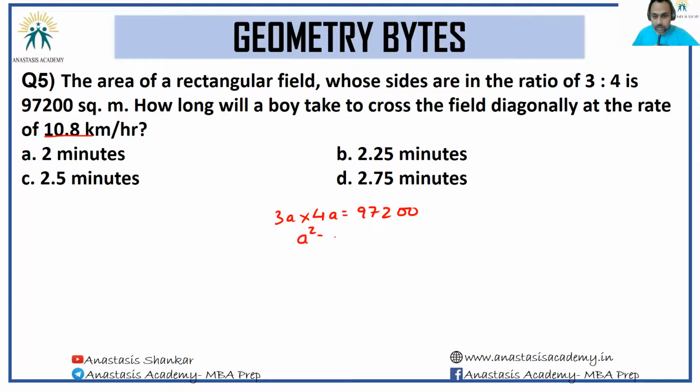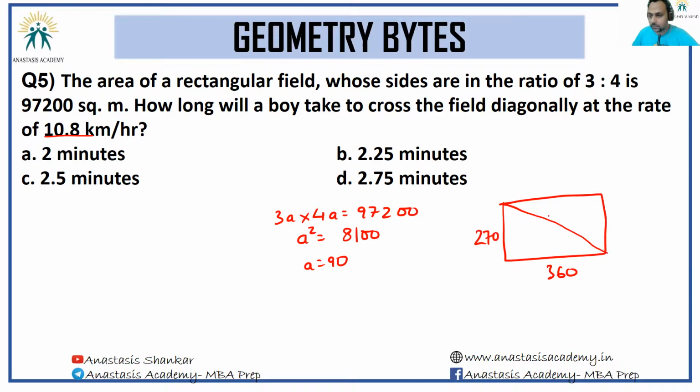So a square is equal to 8100. A is equal to 90. So basically the field that you have is, this is 270, this is 360. Hopefully you can also see this is 450 now, 3:4:5, because this is a rectangle.